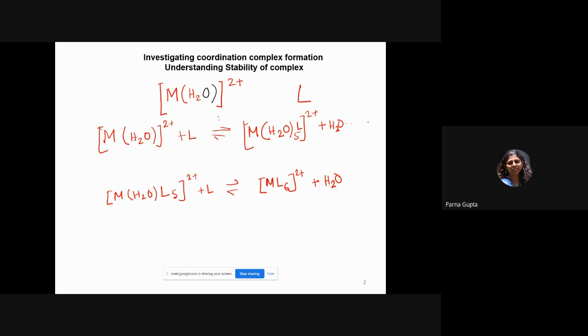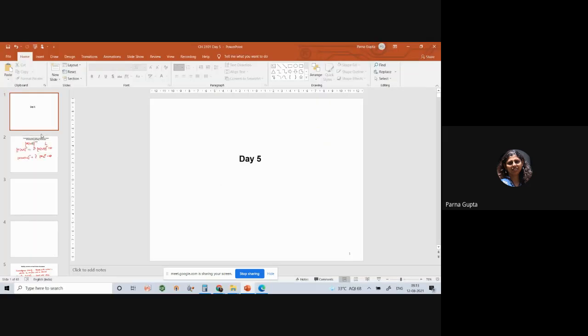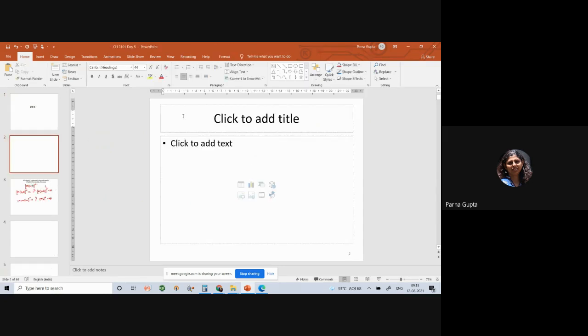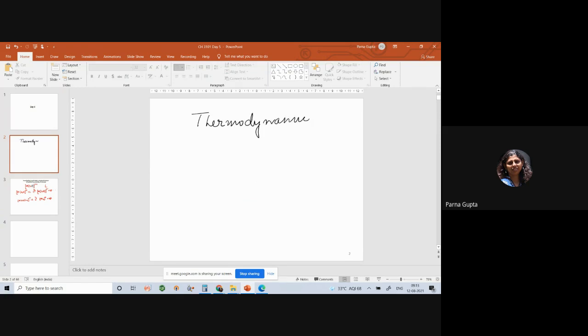Another thing I have to tell: there are two types of stability, thermodynamic stability and second, kinetic stability. We will not go into great detail.